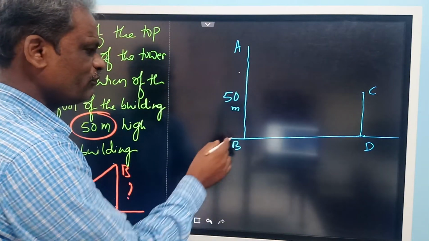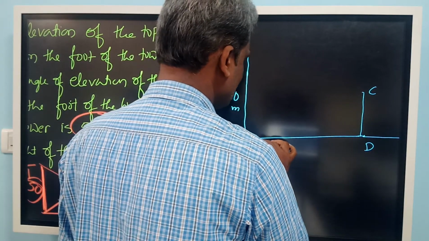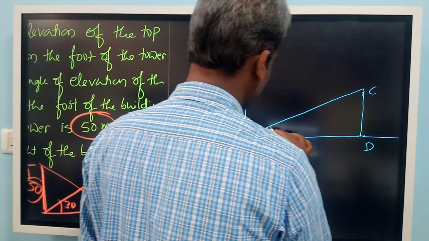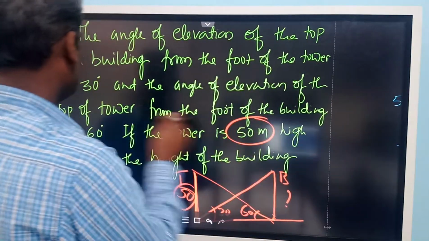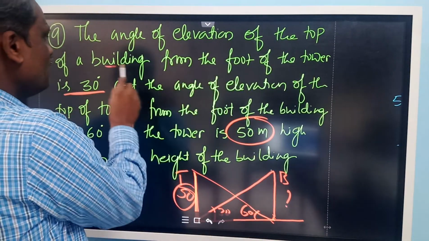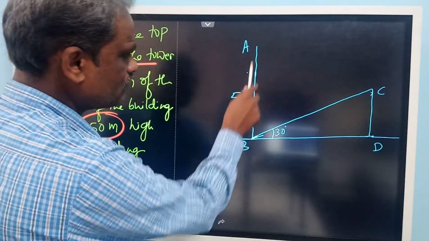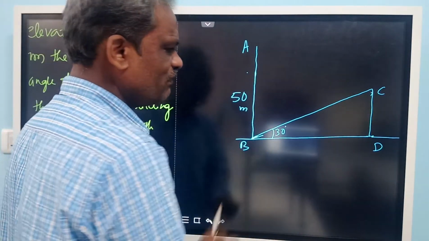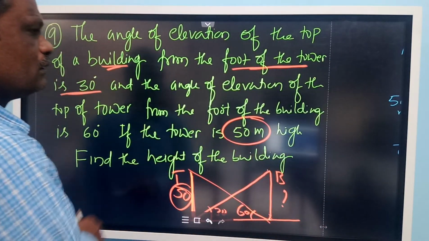From the foot of the tower, if you observe the top of the building, the angle of elevation is 30 degrees. That is given. Then the same thing is done from the foot of the building.